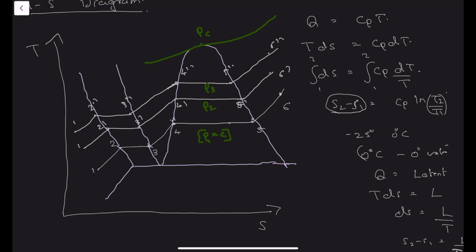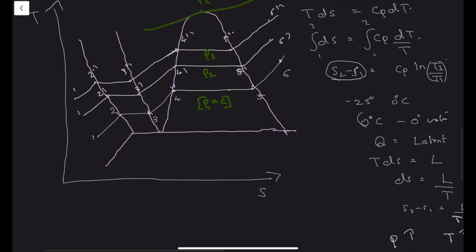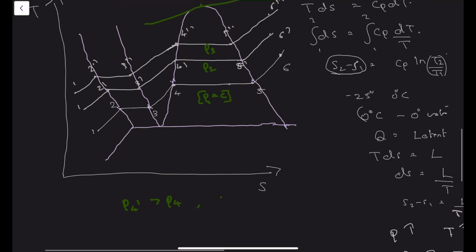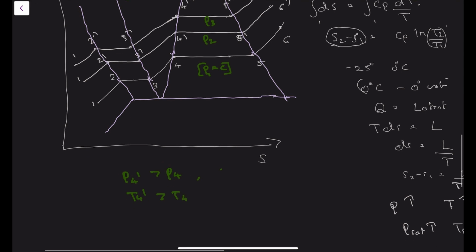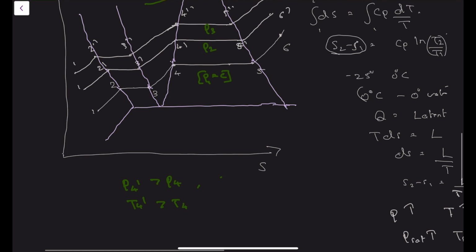Right, now let us see why this 4 dash is tilted towards the right of 4. Okay, you know that P4 dash is greater than P4. So that means T4 dash also will be greater than T4. So what happens to the entropy S4 dash? If you compare that with S4, it will be greater than S4 because temperature will cause the entropy to increase.